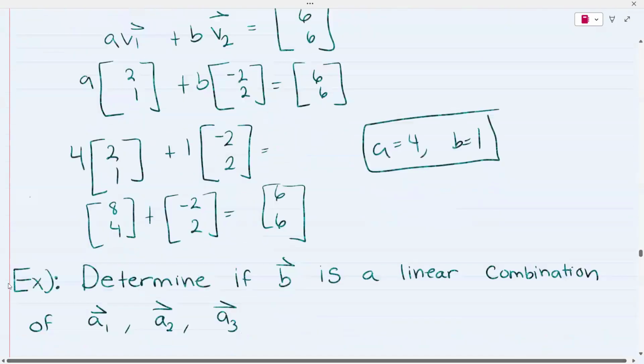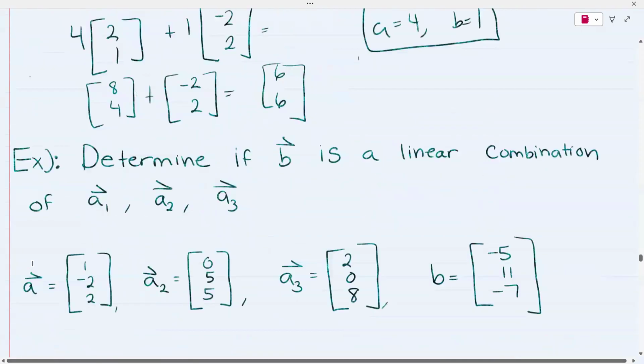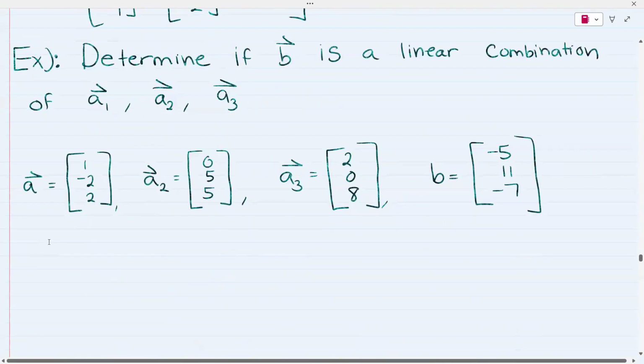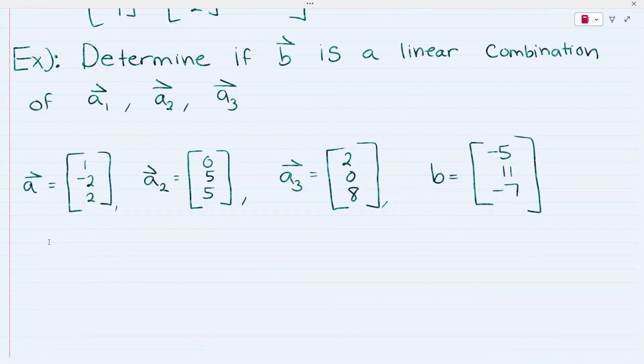Okay, next example, determine if vector v is a linear combination of a1, a2, and a3. So that means we have to figure out how we would set this up. We're going to set it as a matrix.